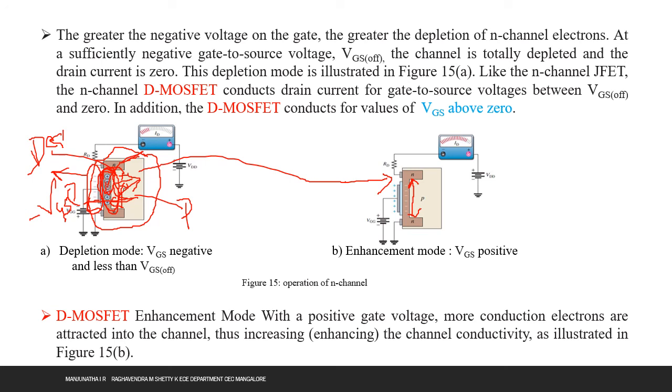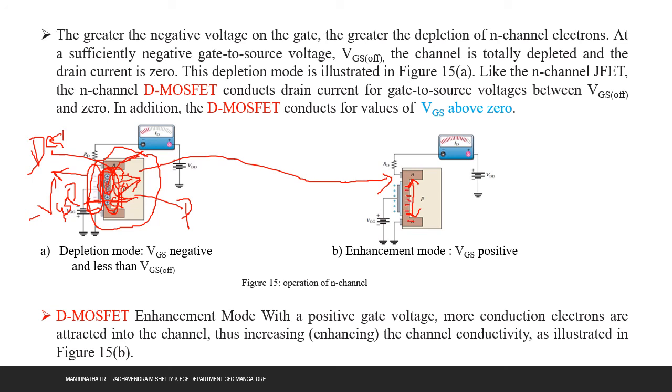So I should do the enhancement process here. How to make it elaborate? Negative charges are already there, and to enlarge the channel I want more electrons to be accumulated here.